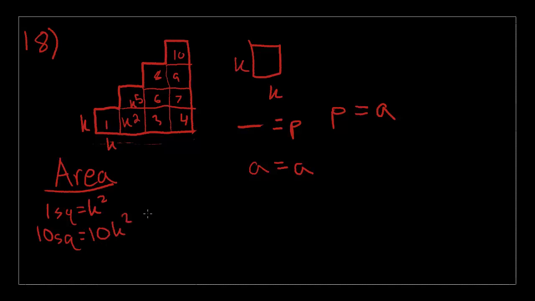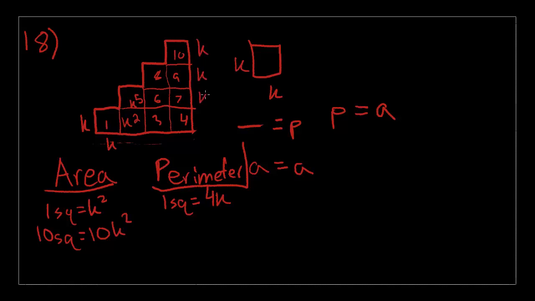So now the perimeter. So let's make another header. There we go. So now we need to find the perimeter of one square. The perimeter of one square is going to be 4k, right? But we don't need one square really, because this is an awkward stair-shaped figure. So we know that this is k, this is k, this is k, this is k.